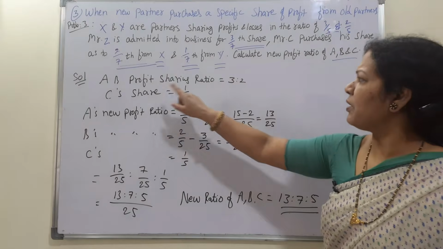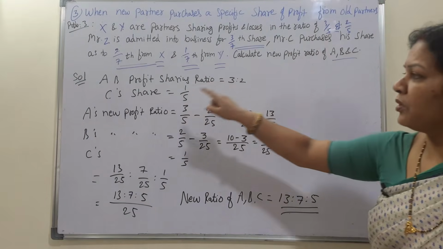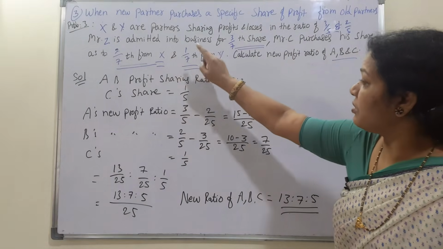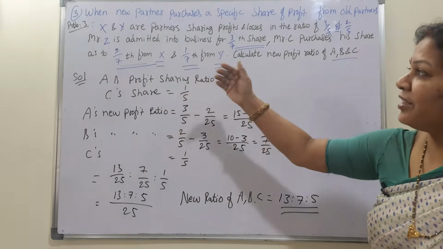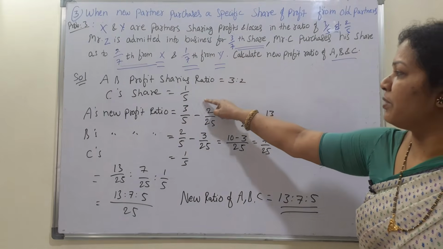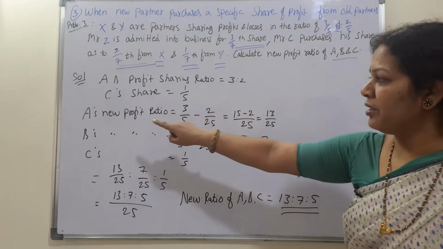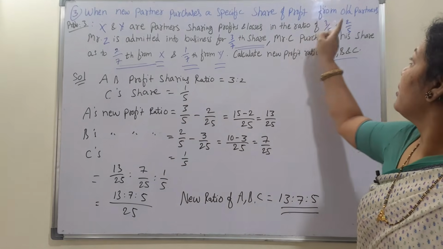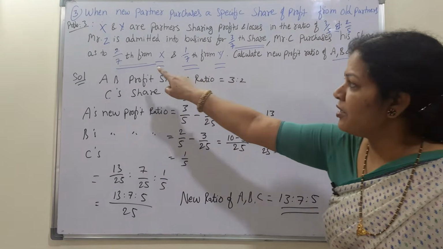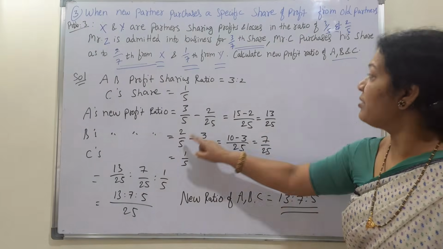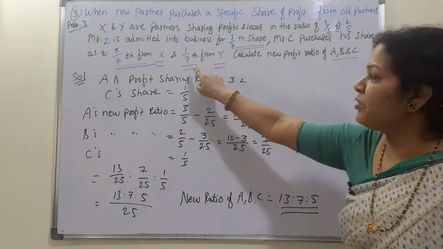Same like this only. The XY profit sharing ratio you can write as 3 by 5 and 2 by 5. Z's share is 3 by 7. X's new profit ratio is 3 by 5 minus 2 by 7. In the same way Y's is 2 by 5 minus 1 by 7.